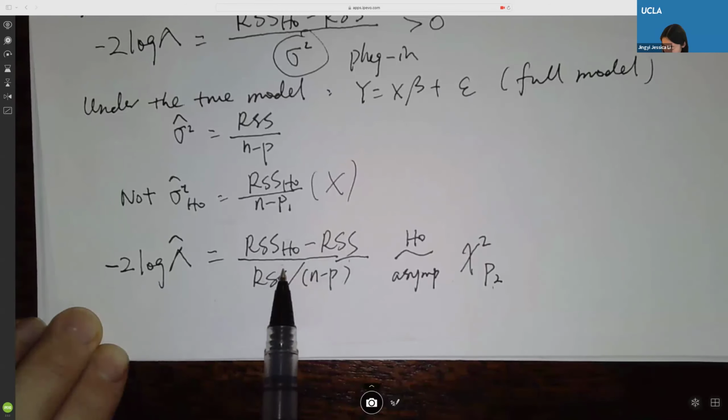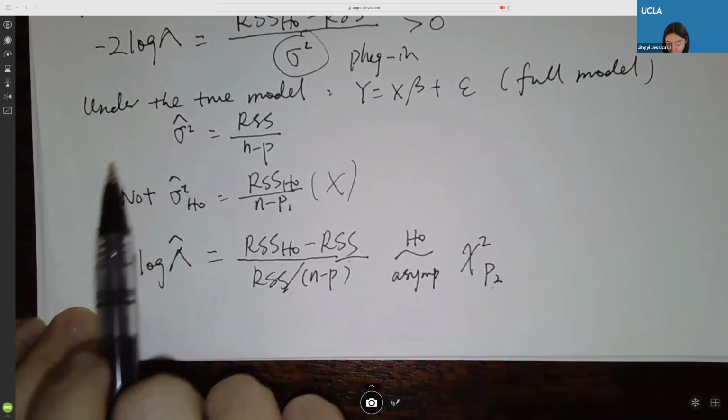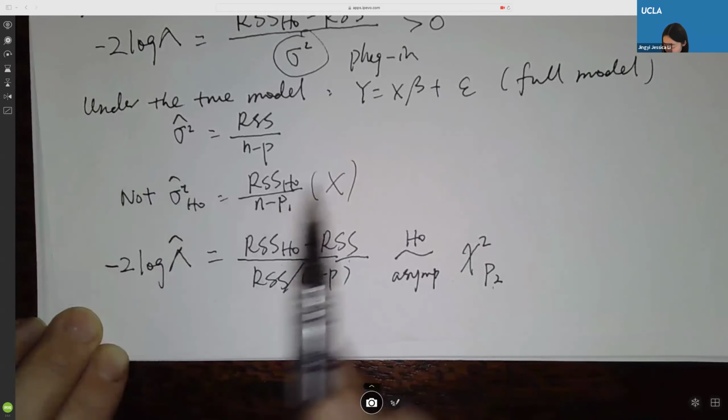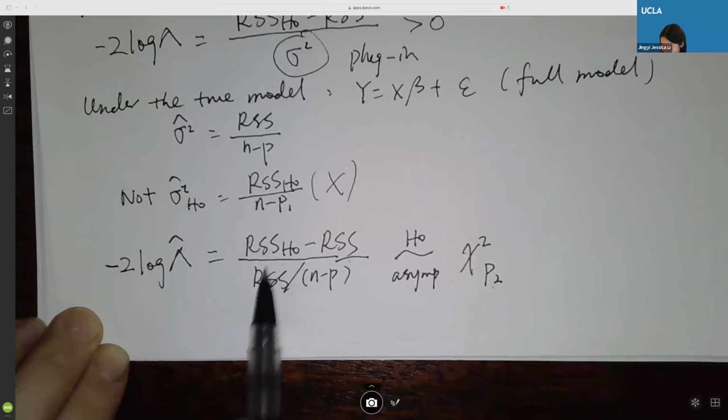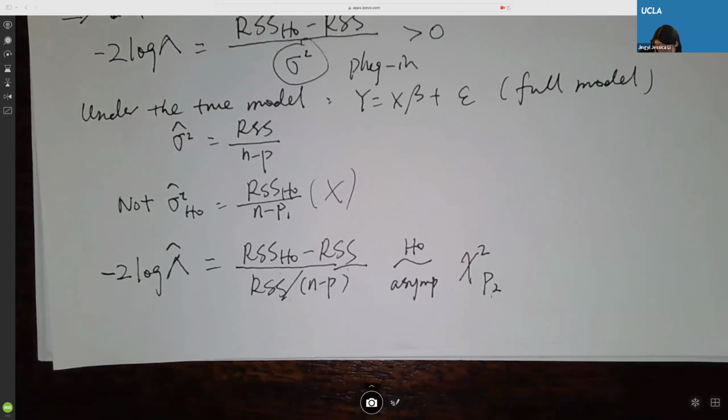The denominator should be an estimate of sigma square, the error term variance. And last time we explained why we use the full model as our basis for estimating sigma square instead of the reduced model.